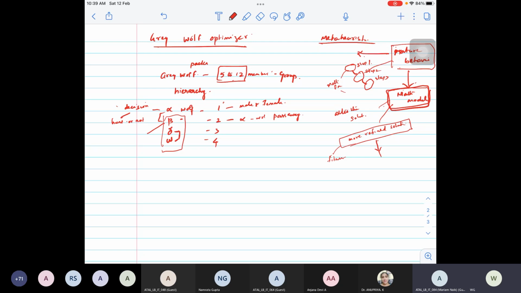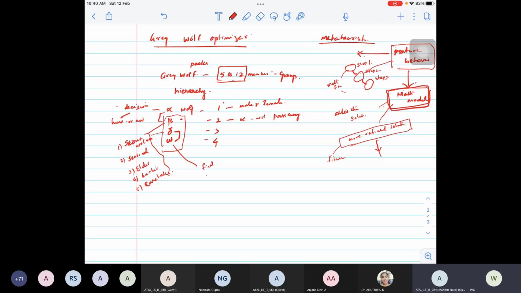There are many categories of delta wolves, such as scout wolves, sentinels, elders, hunters and caretakers. And the omega wolves are the final set.